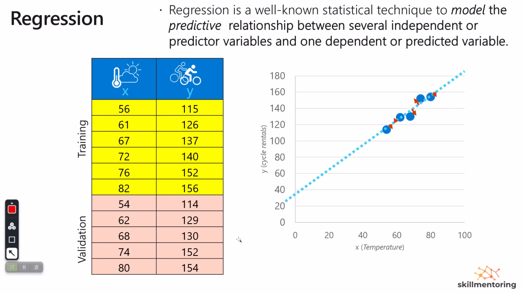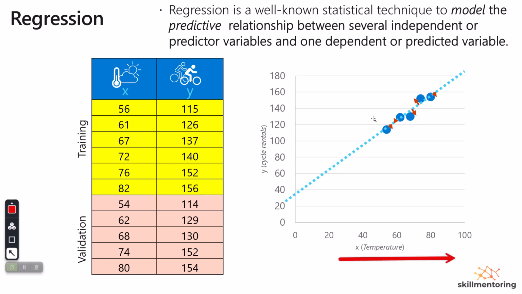Similarly, for other values, it is nearly matching the actual values which are there. And you can see over here that this particular thing has been drawn as a graph, which is called a curve or regression curve. Here the y-axis contains the cycle rentals, and here is the temperature.